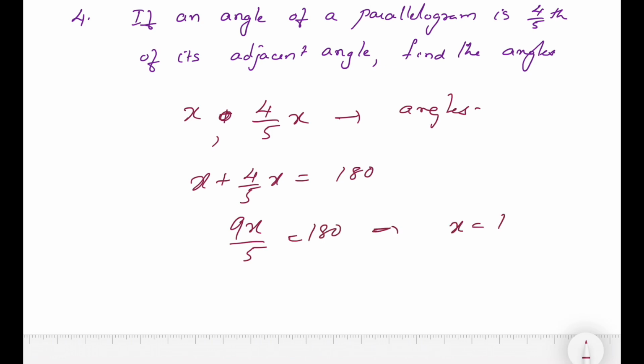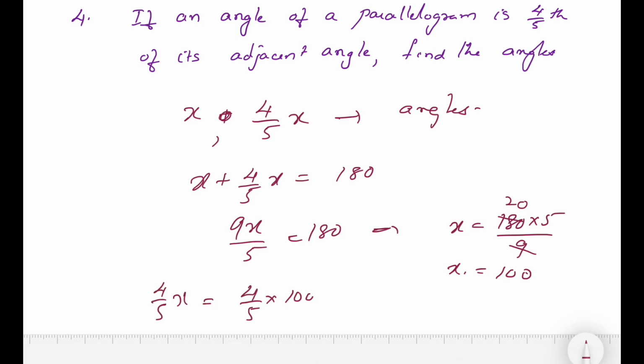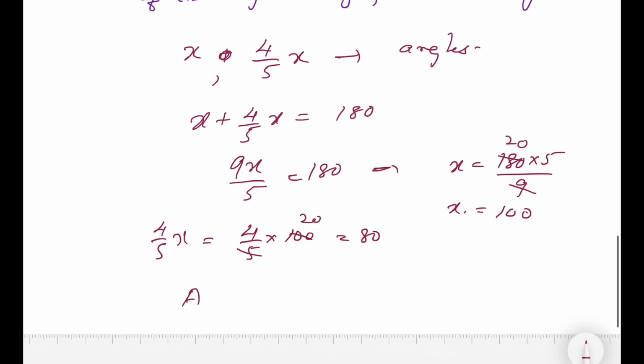So x is equal to 180 into 5 by 9 equal to 100. So 4 by 5 x is equal to 4 by 5 into 100, this is 20, equal to 80. So the angles are 100 and 80 degrees.